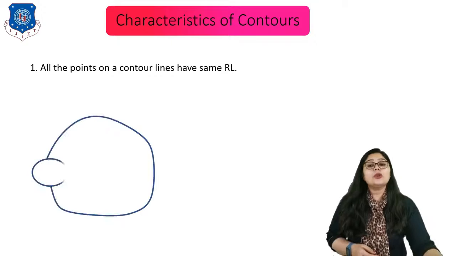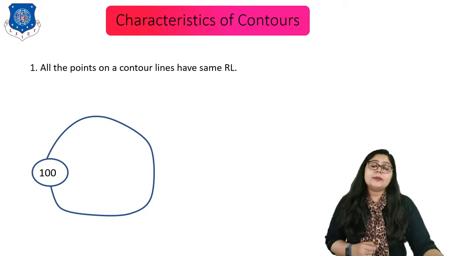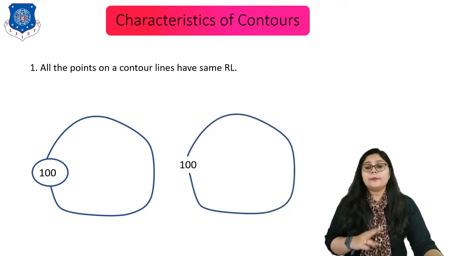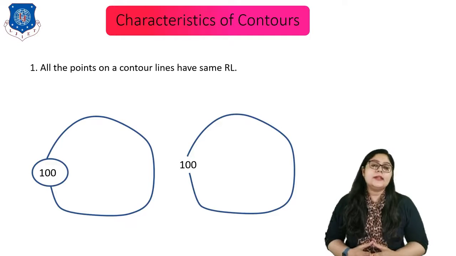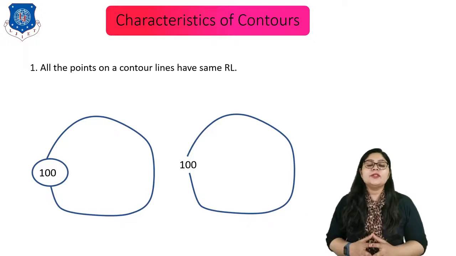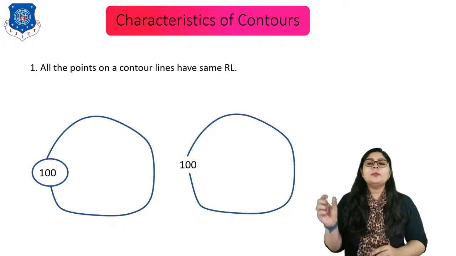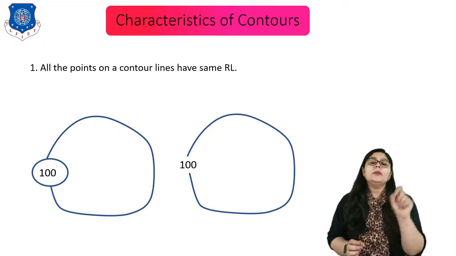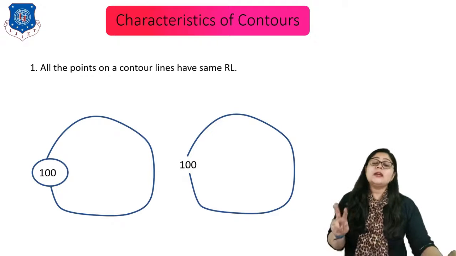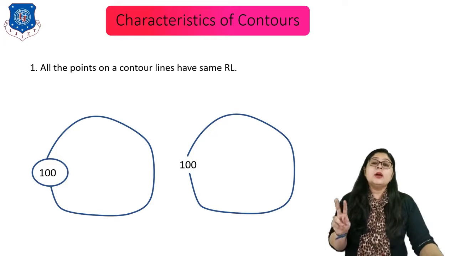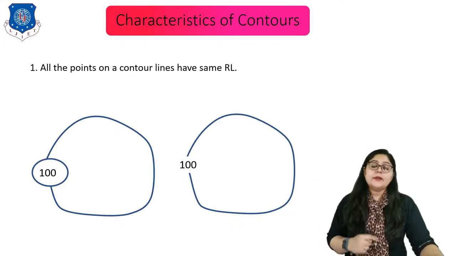If I want to draw the contour line, I can represent it in two ways. In the first method, you can see that 100 is mentioned in a circle, or in the second method, you simply put the value 100 in between the contour lines. So these are the two specific methods to represent contour lines, right?